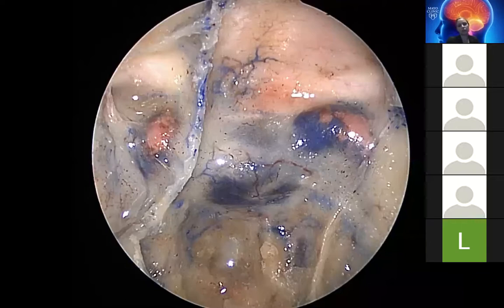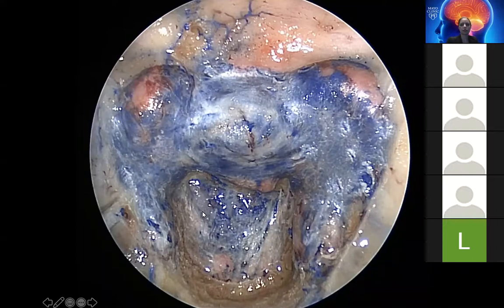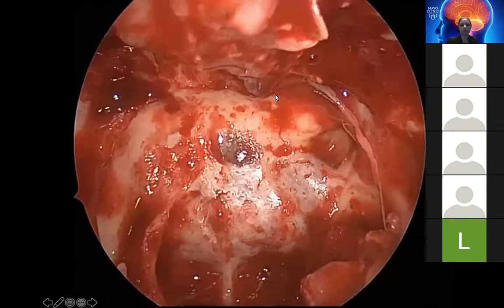So if we look at the sphenoid sinus and remove the anterior wall of the sphenoid with the drill, then we see the dura mater that has one layer towards the cavernous sinus. The periosteal layer is continuous here and towards the other cavernous sinus, but actually the pituitary gland is invested in two layers of meninges, of dura mater.